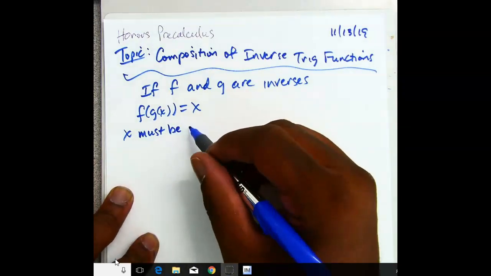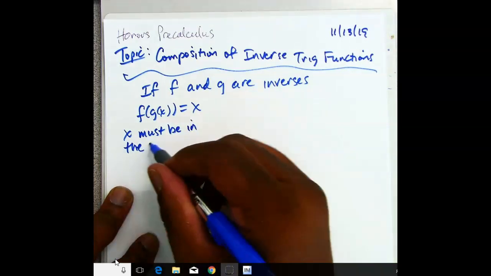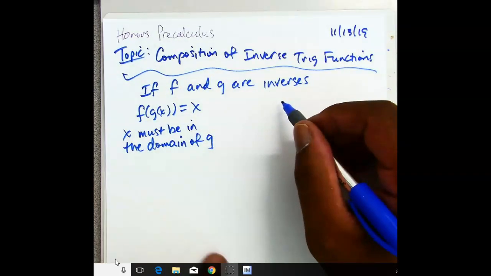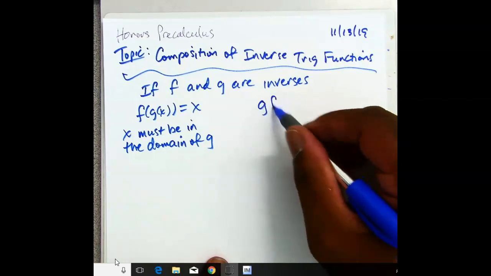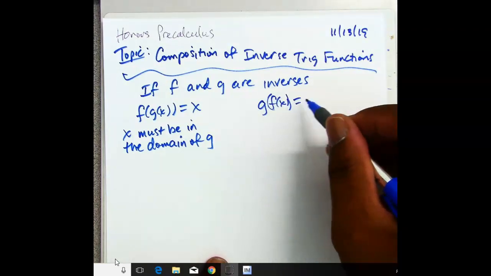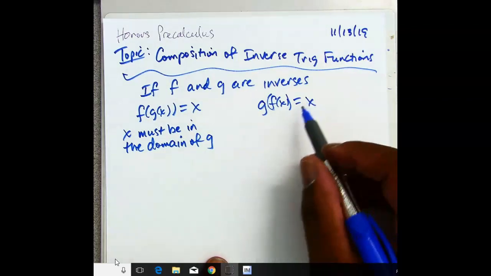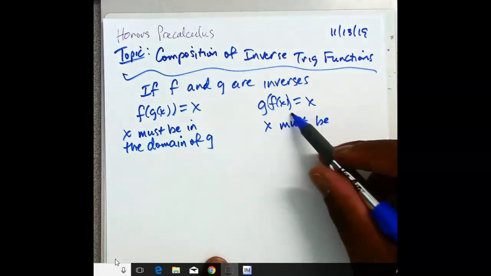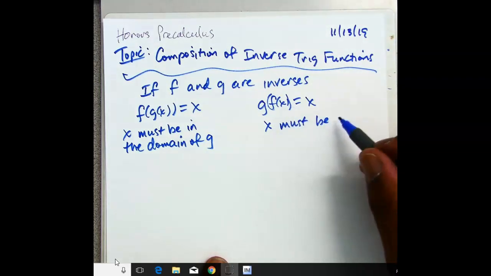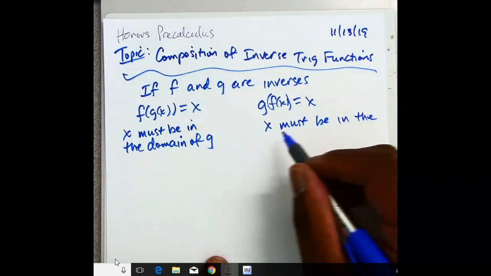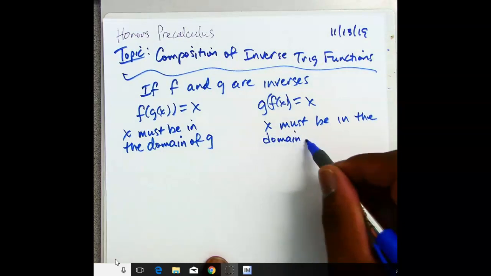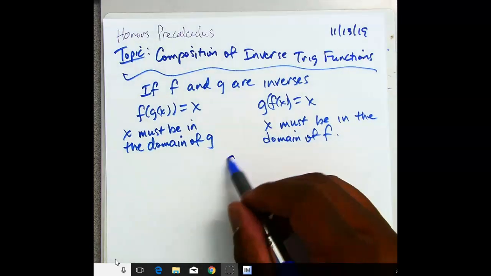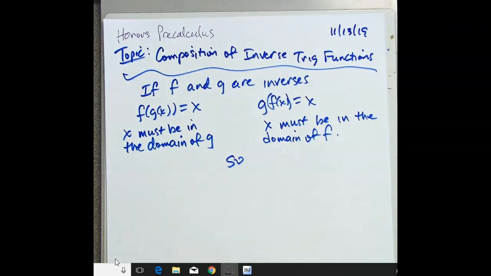We also know that g of f of x is going to equal x, but again, only if x is in the domain of f in this case. So x must be in the domain of f. Okay, so this will extend to our inverse trig functions.